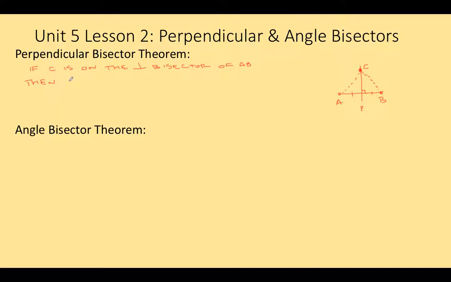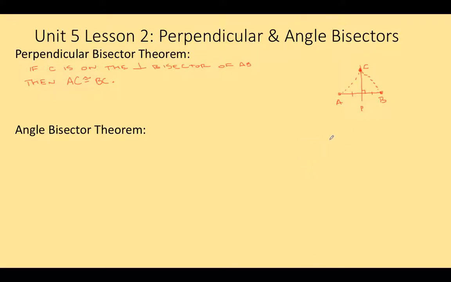So we'll say AC is congruent to BC. All right. So that's the perpendicular bisector theorem, and obviously, the most likely scenario here is you're going to be setting things equal to each other.